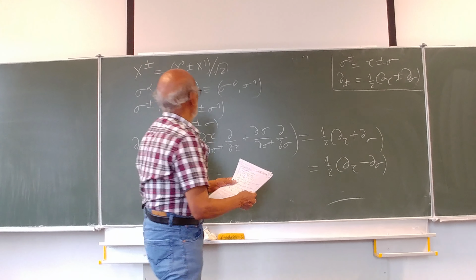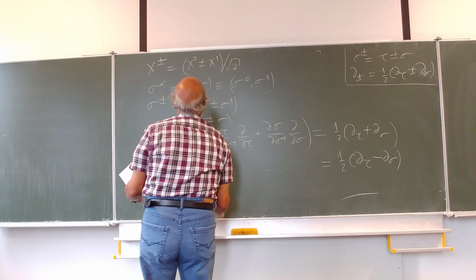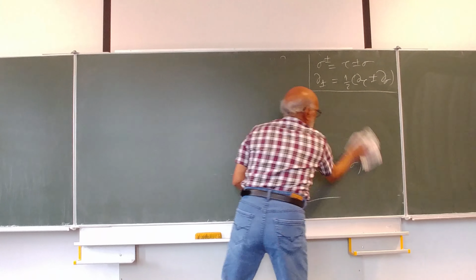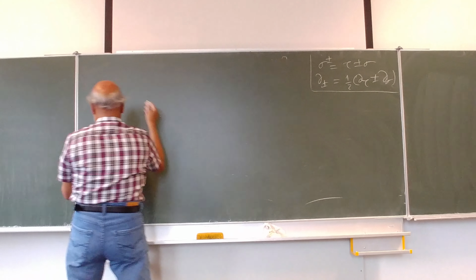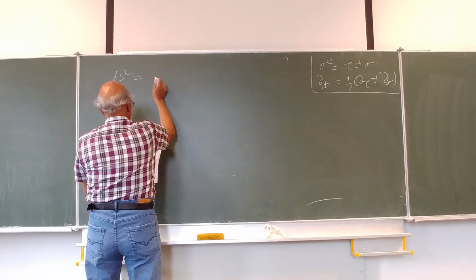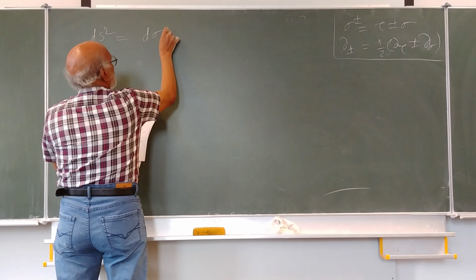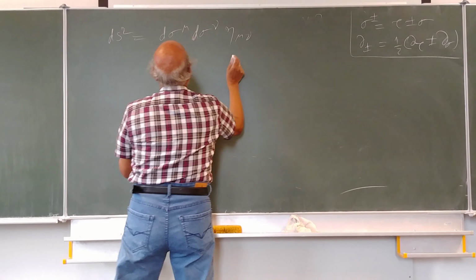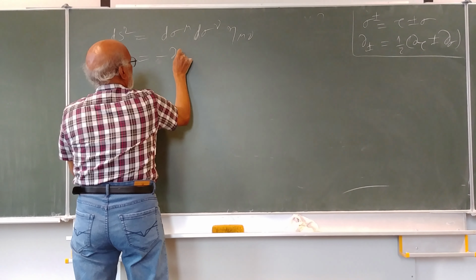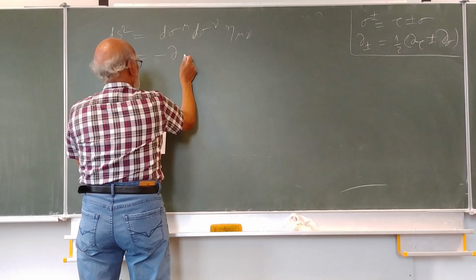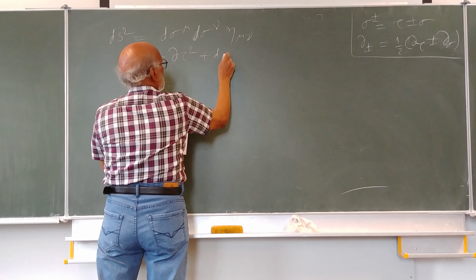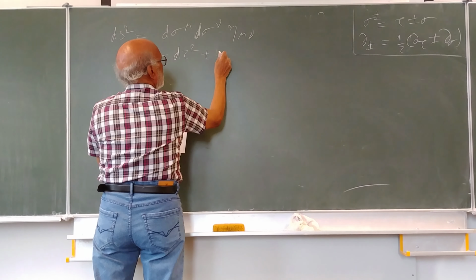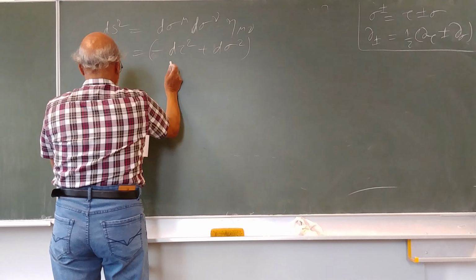So if you write down d sigma mu, d sigma nu, eta mu nu, you could write it as minus d tau square plus d sigma square.